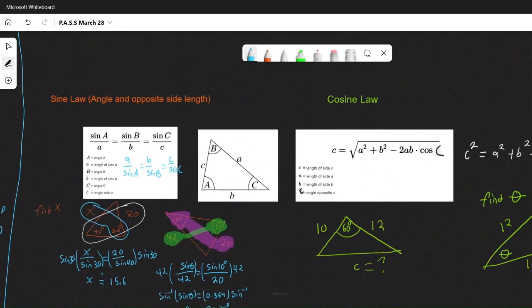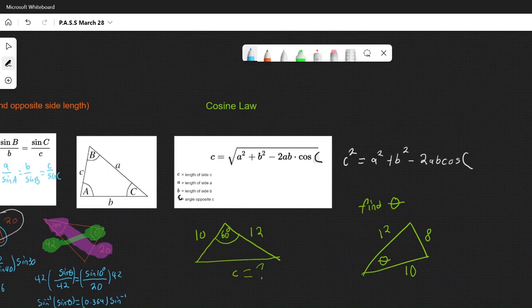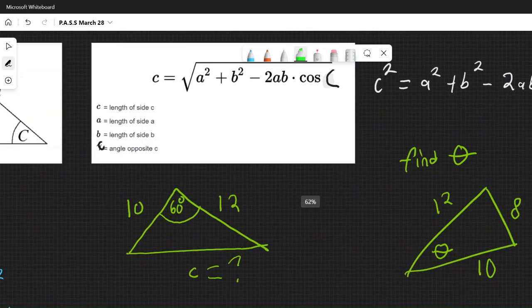So cosine law. Cosine law, you use it in two situations. One is where you have all three side lengths and no angles, or if you have an angle, what we like to call an enclosed angle. So we have this 60 degrees here, and then we have the two side lengths on each side of it.